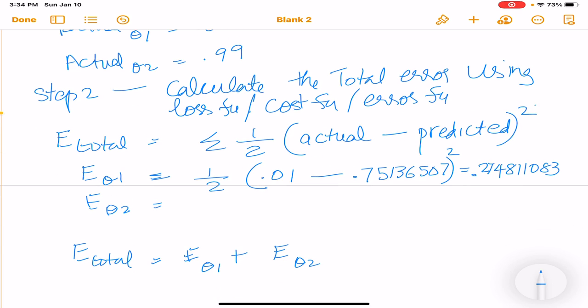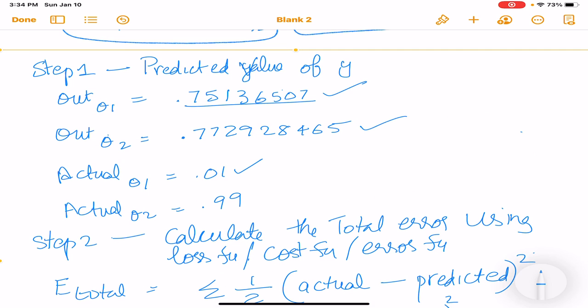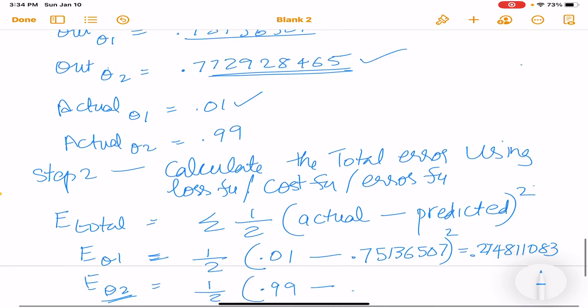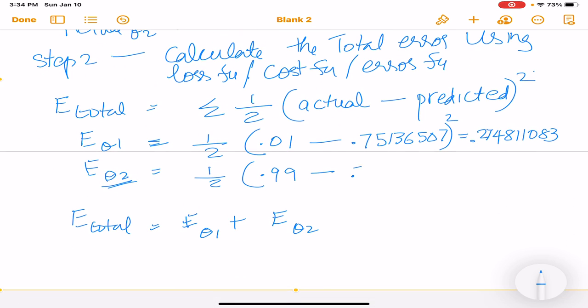Similarly, we do it for EO2, the error in the output node O2, which is half into the actual value of output for O2, 0.99, minus the predicted value for O2, 0.77292845, the whole square.